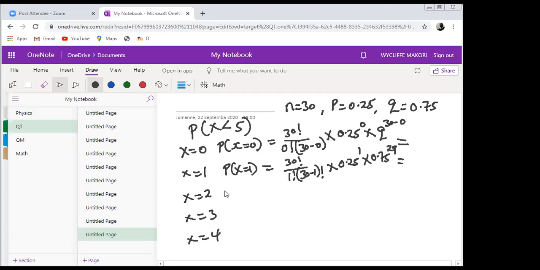Also when x is 2, the probability that x equals 2 is 30 factorial over 2 factorial into 28 factorial, times 0.25 power 2 times 0.75 power 30 minus 2, which is 28. You get the answer there.